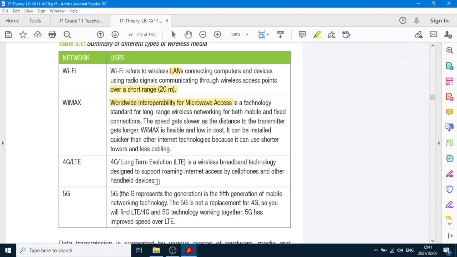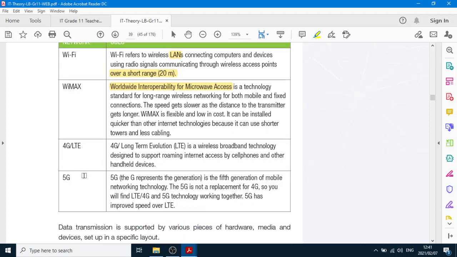Wireless broadband technology to support roaming internet access by cell phones and other handheld devices. And then we have 5G, which is 5th generation mobile technology. So it's not a replacement for 4G, so you will find LTE, 4G and 5G working together. 5G just has improved speed over LTE.